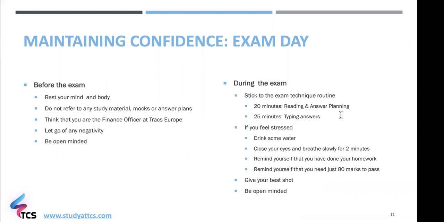Instead, whenever you are feeling stressed, drink some water. That's the best approach to calm down your nerves and calm down your brain. And close your eyes and breathe slowly for 2 minutes, because whenever human beings are stressed, or whenever human beings are panicking, there's a certain part of our brain known as the amygdala that starts kicking in.